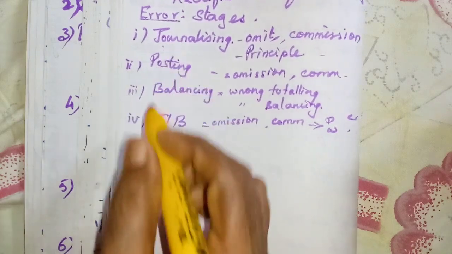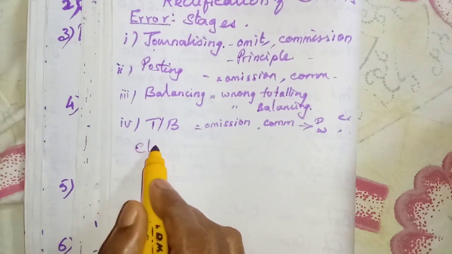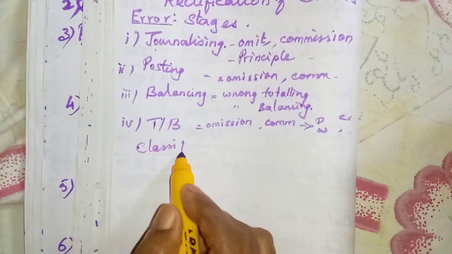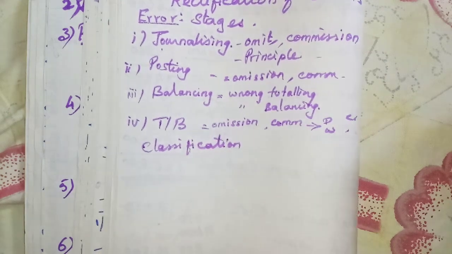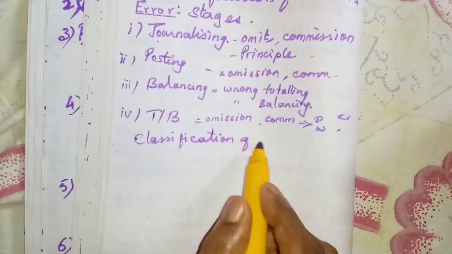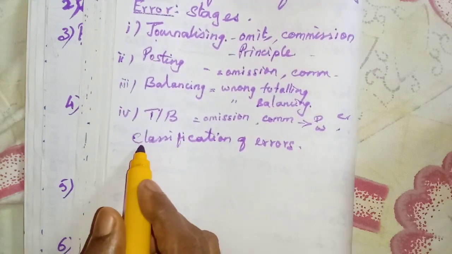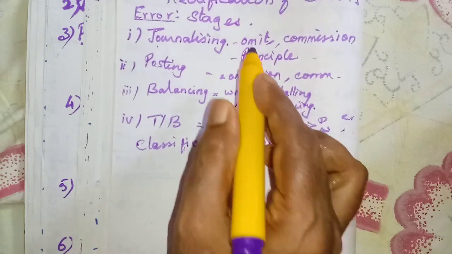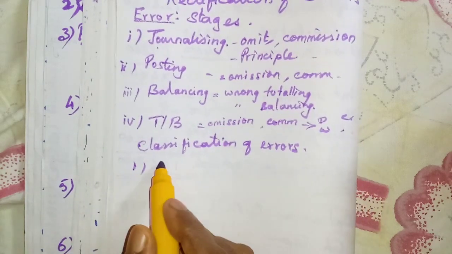Now we will learn the types of errors, or the classification of errors. What is the classification of errors? The first one is error of omission.